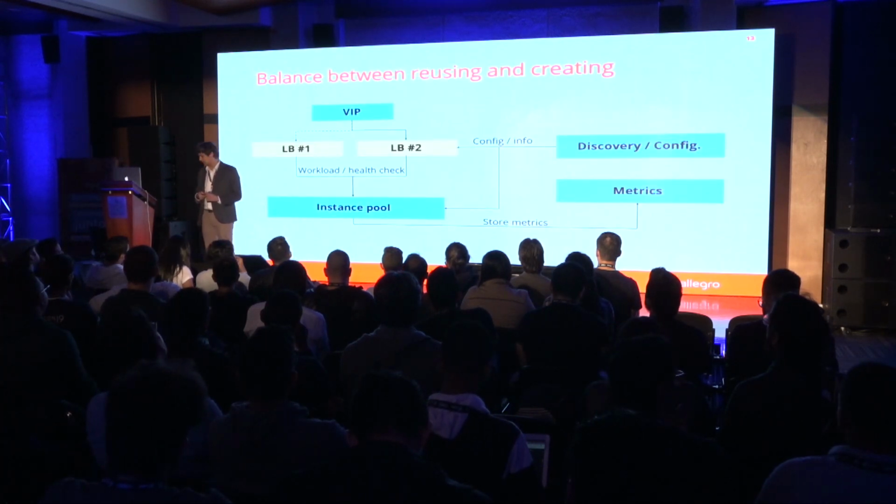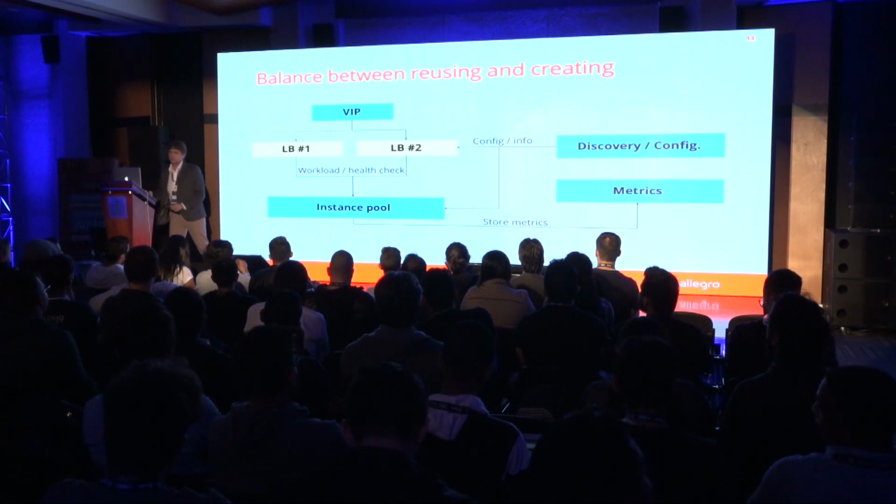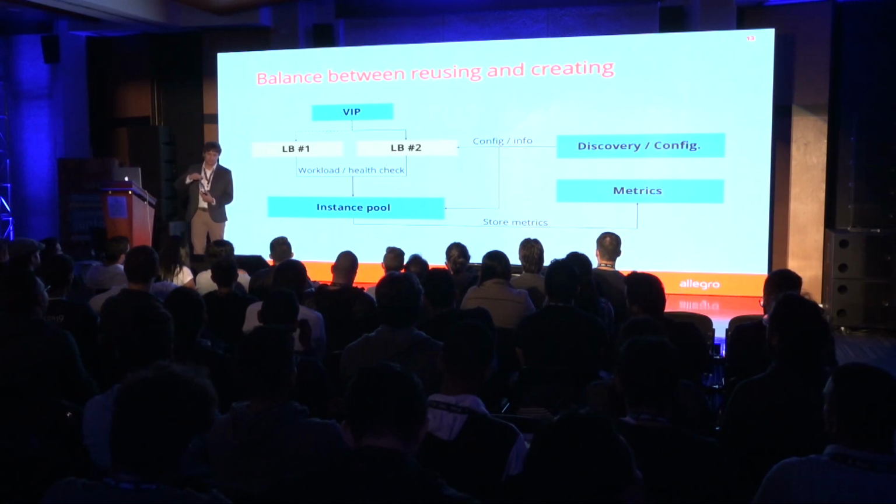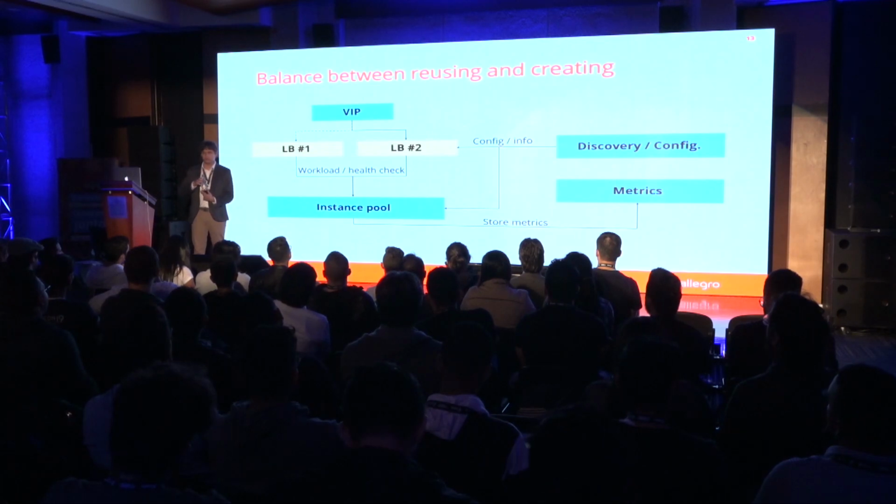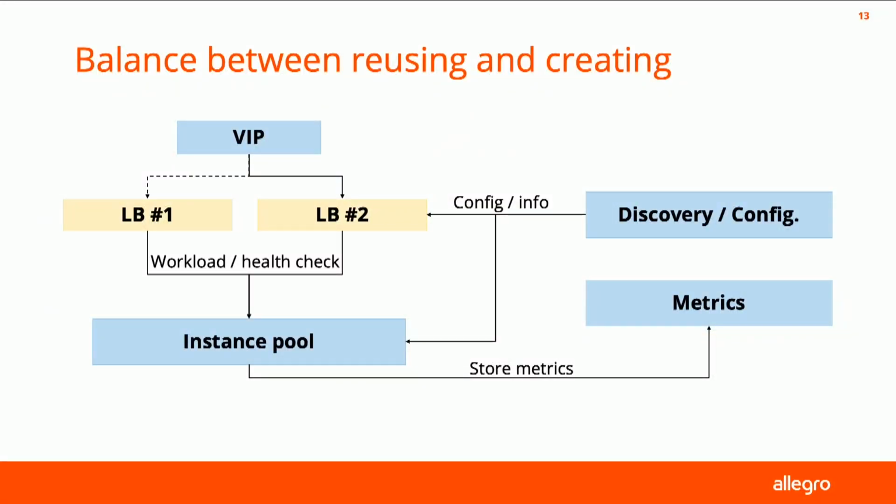So regarding reusing stuff, when we are speaking about production-grade architectures, apart from load balancers and VIPs and some instances, there are usually some other existing components.